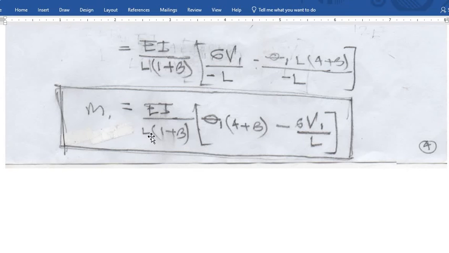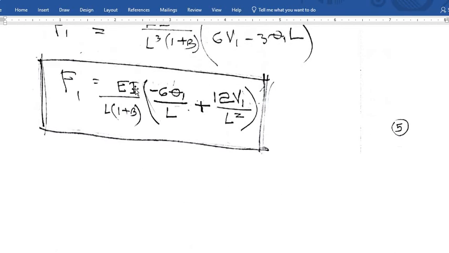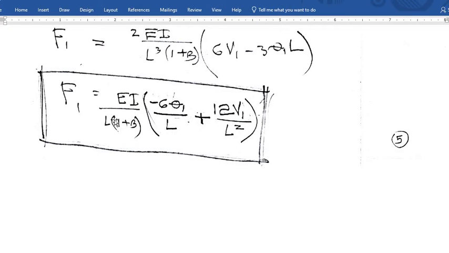Yung constant niya dito is EI all over L times 1 plus beta. Gagayahin natin ito para kay F1. Okay? So, dapat EI all over L times 1 plus beta.